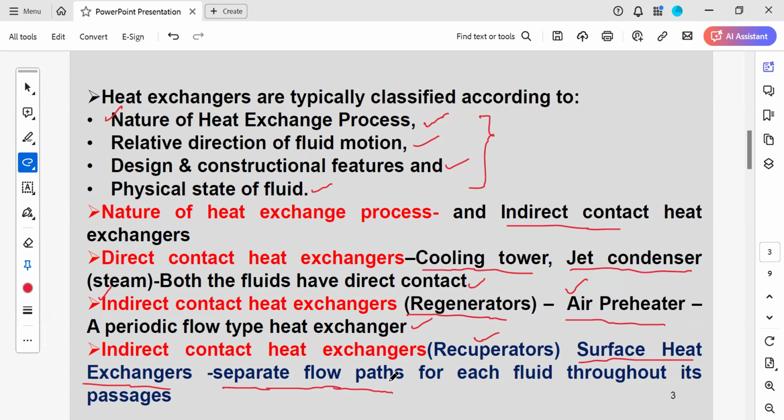That type of heat exchanger is called a surface heat exchanger. The majority of heat exchangers come under this kind of indirect contact heat exchanger, and that too surface heat exchangers or recuperators only.